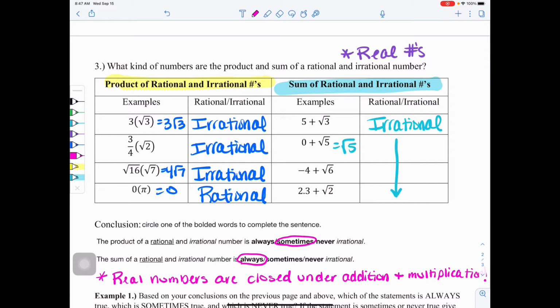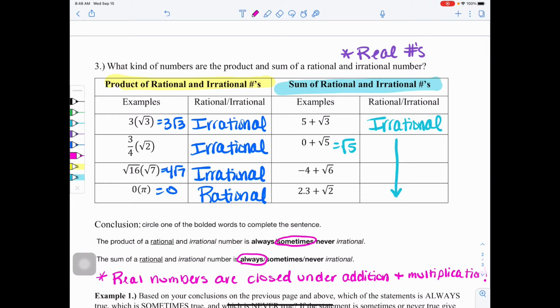So when we go to our conclusions and we look at the left-hand side with product, the product of a rational and an irrational is only sometimes irrational, whereas the sum of a rational and irrational on the other side was always irrational. However, if you look at this in the big picture, if we're taking a rational number and an irrational number, we're essentially working with numbers in the real number system.